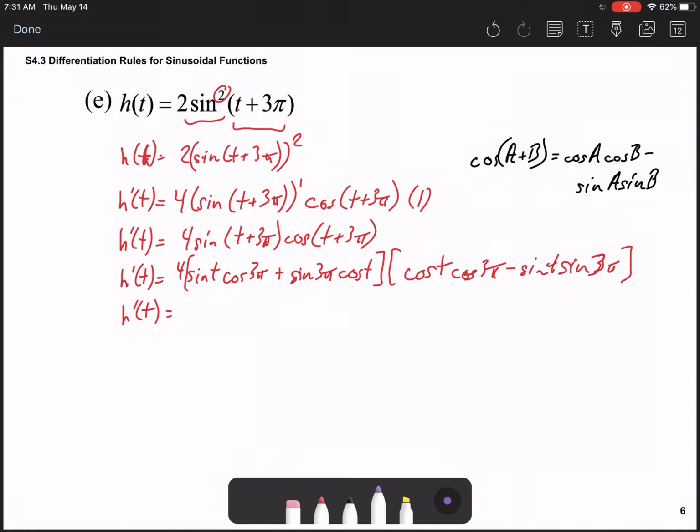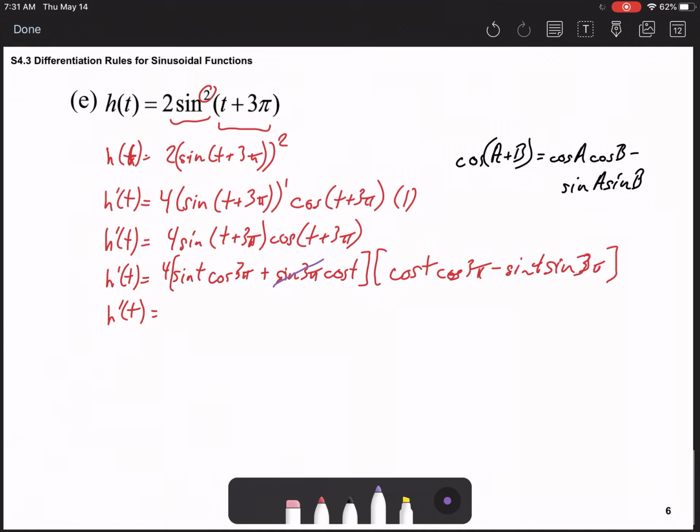I'm going to write this one this way. This goes to 0. So those two values are actually 0. Cosine of 3 pi is -1.